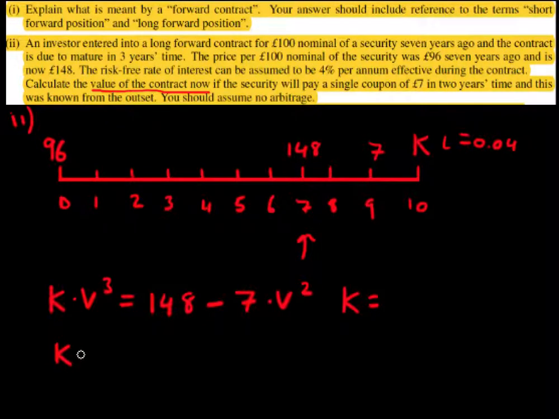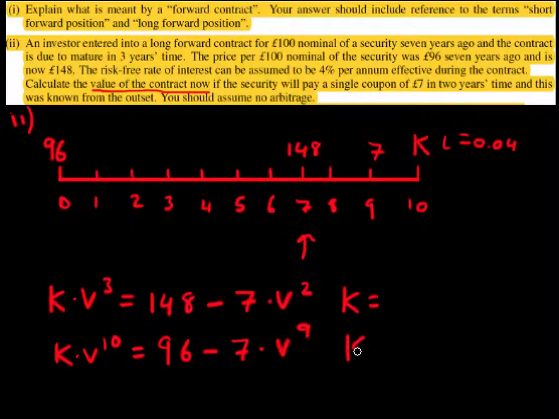But back when we started, we had K, so we're going to be discounting that back 10 years instead of 3. So we're going to compare it to what we actually did enter into. And this was £96 minus £7 over here, and this was actually going back 9 years back when we started there. And this is why it's worth noting if we did know about it or we didn't.